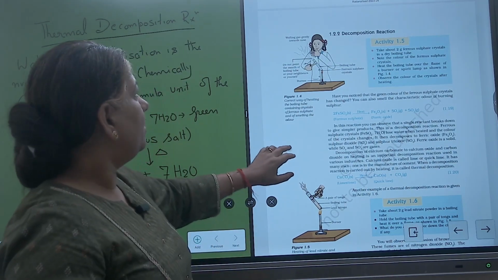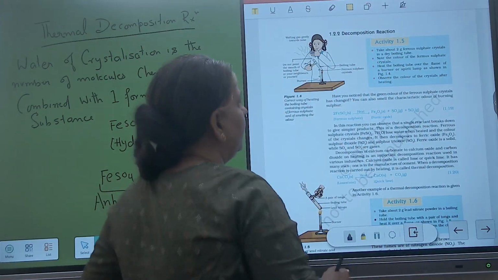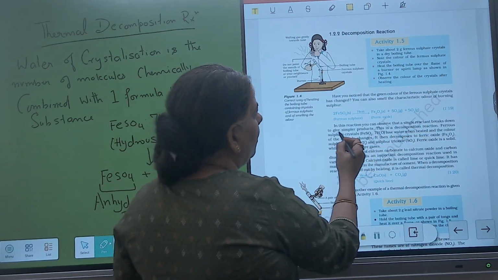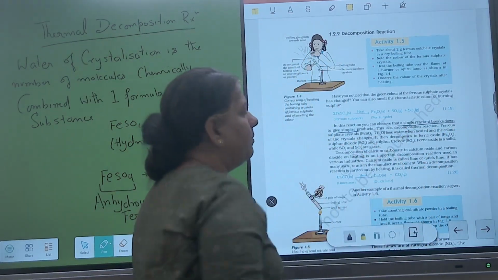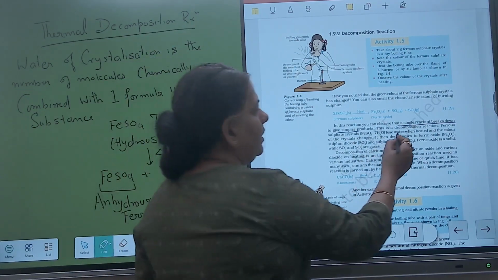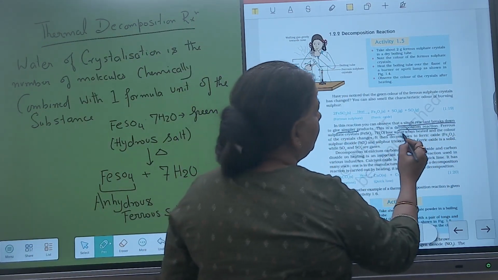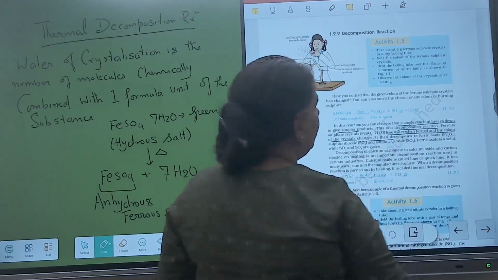It is also mentioned in your book here. In this reaction you can observe that a single reactant breaks down to give simpler products. This is decomposition reaction. Ferrous sulfate crystals lose water when heated and the color of the crystal changes.